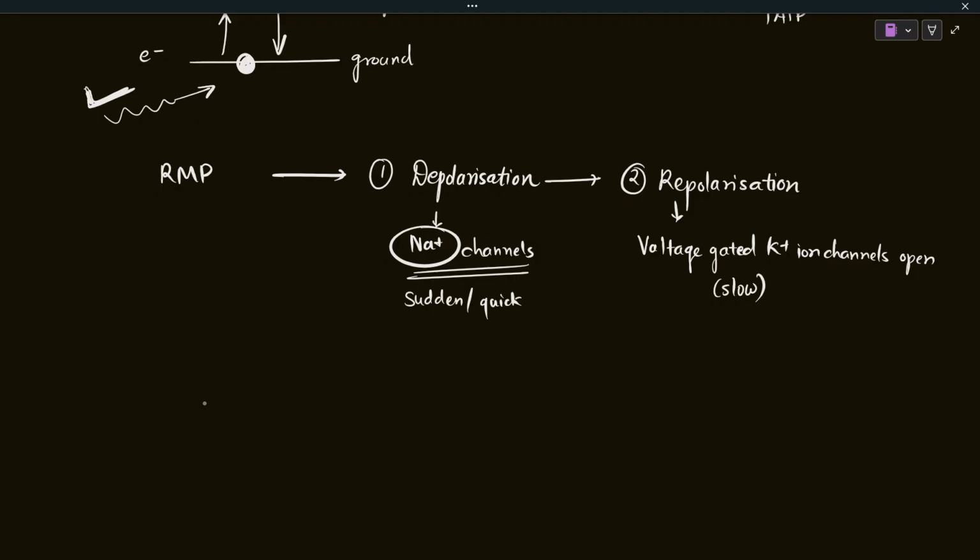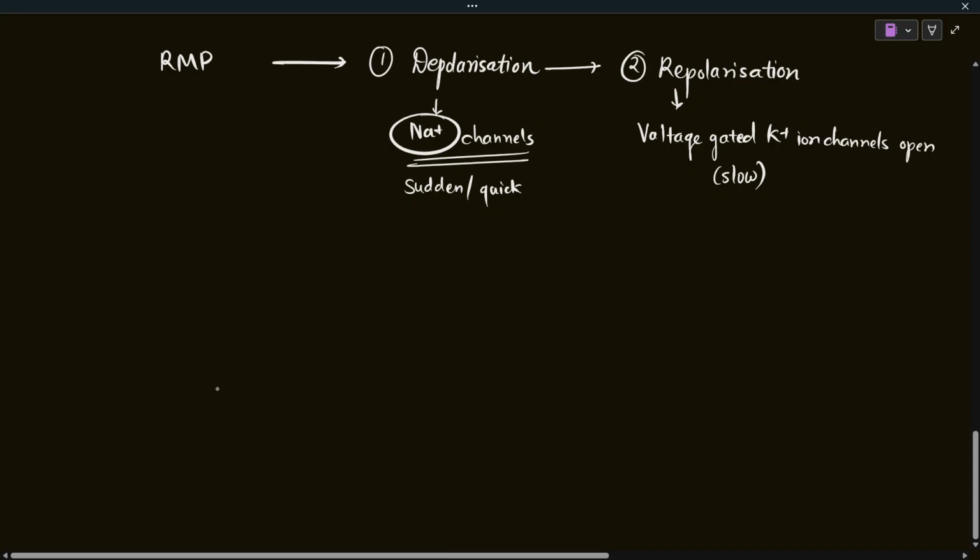As soon as after the resting membrane potential there is sudden opening of sodium ion channels, then at this stage, somewhere here, there will be the slow opening of voltage gated potassium ion channels, and that is why the membrane potential never reaches the plus 55 value. Let me draw it again. Whenever at the resting stage there is a stimulus, there will be sudden opening of sodium ion channels, right?